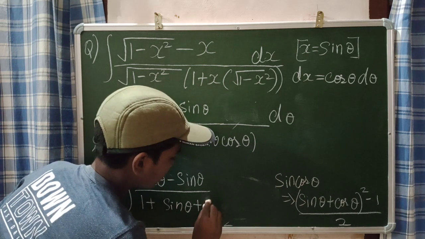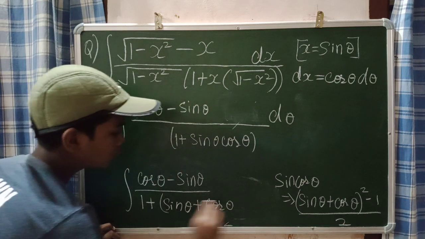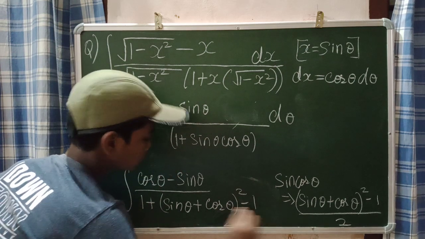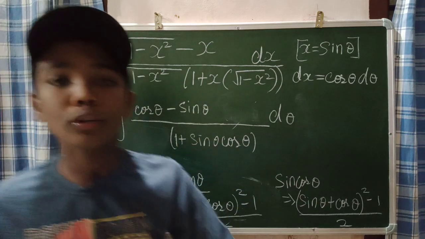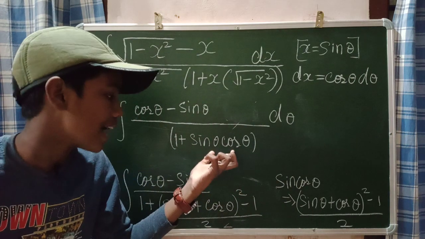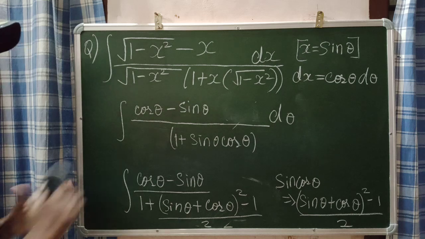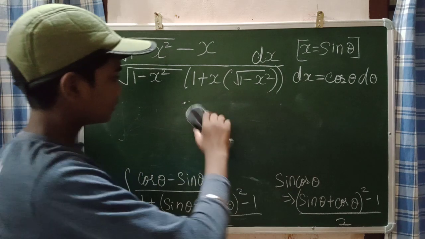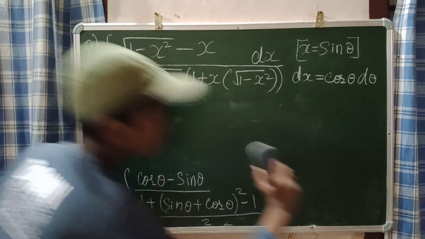I am just using the formula for sin theta cos theta, which is equal to (sin theta plus cos theta) whole square minus 1 divided by 2, and that is how I am replacing this value using this formula. Now I am going to use your substitution method, which you guys are most familiar with.